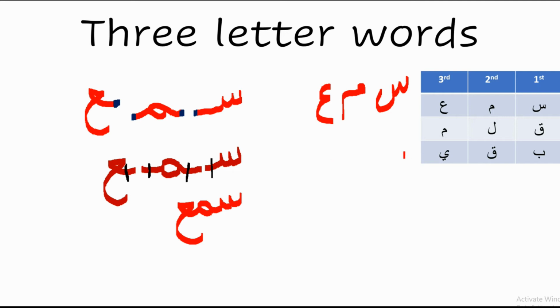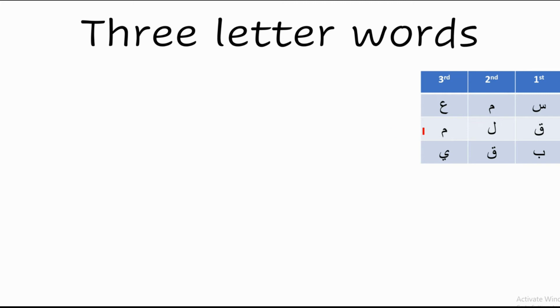Let's do the next one. Qaf, Lam, and Mim. Okay, Qaf is in the beginning, Lam is in the middle, Mim is at the end. Arabic goes from right to the left. Okay, so let's see how Qaf looks like in the beginning.